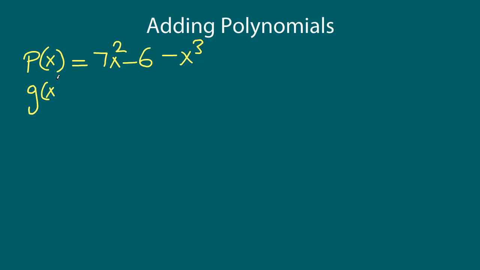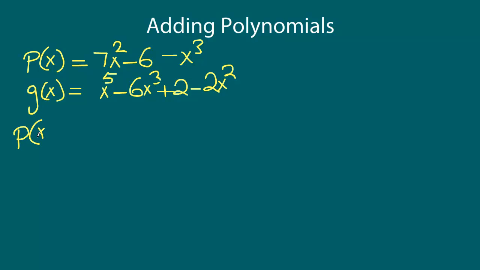And our second polynomial is, let's say, x raised to the power 5 minus 6x cubed plus 2 minus 2x squared. So say these are our two polynomials, and again we are simply trying to find out p(x) plus g(x). We're just looking to see what will happen if we add these two. So we want to write each one of them in standard form.